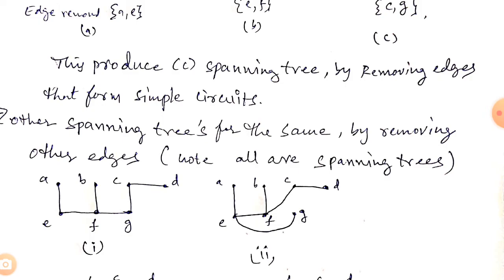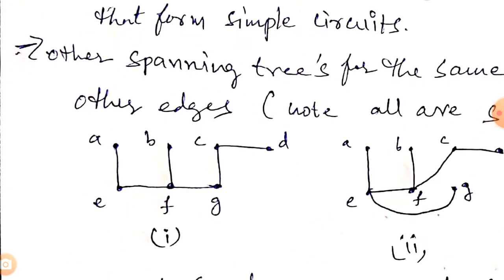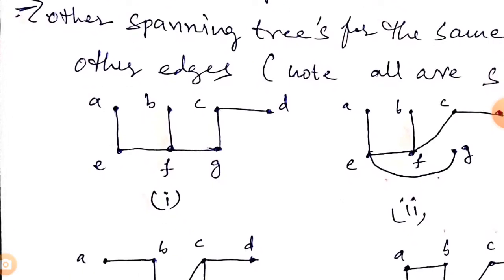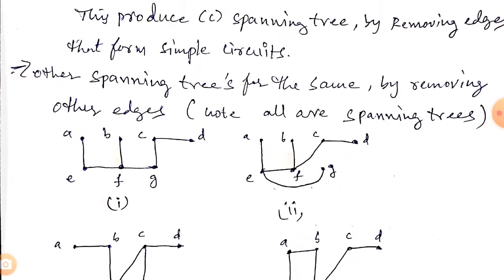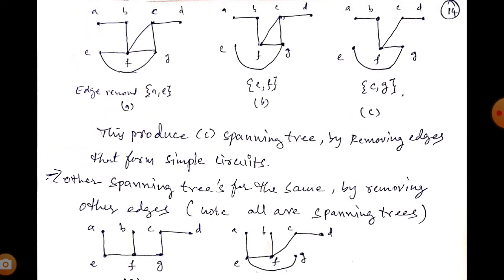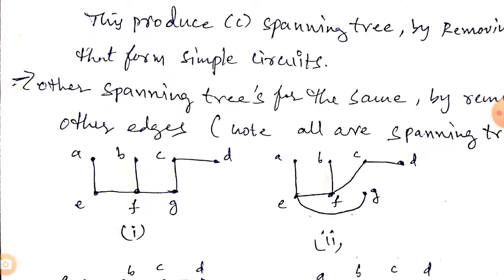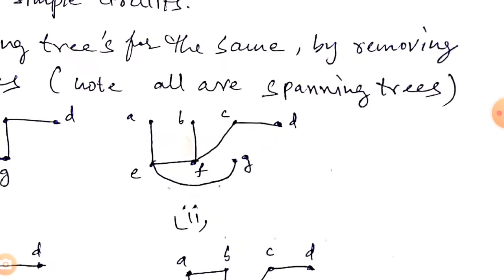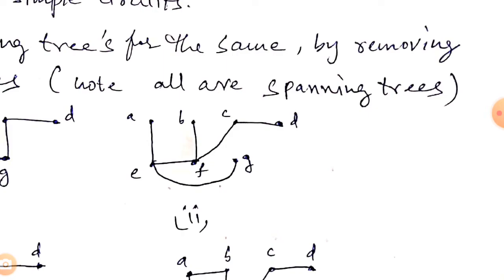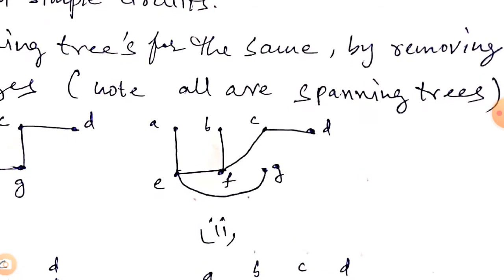In the first one, by removing other edges like EG, AB, CF, we produce a spanning tree. In the second one also, we remove other edges from the original graph and produce this graph, which is called a spanning tree.